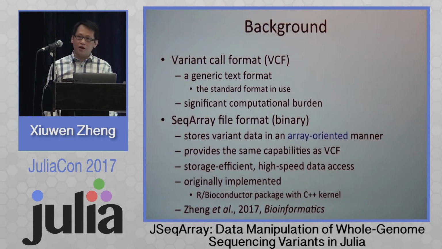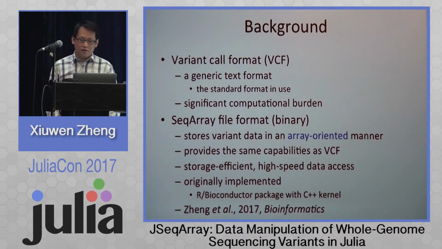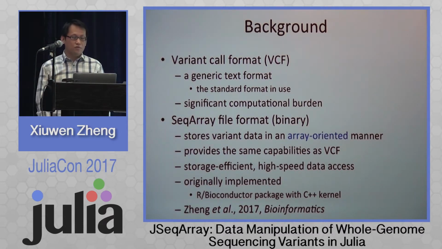However, VCF files are large, and the computational burden of large-scale data retrieval from text files is significant. As the number of individuals increases to tens of thousands or even more, the need for a flexible and high-performance data format to store and analyze variant data becomes essential.